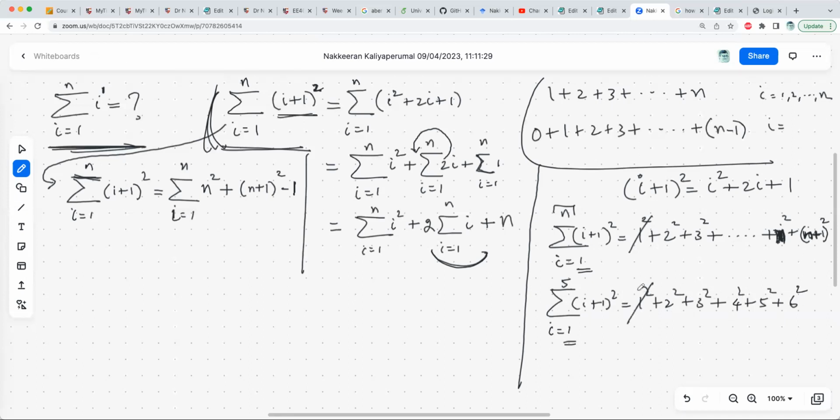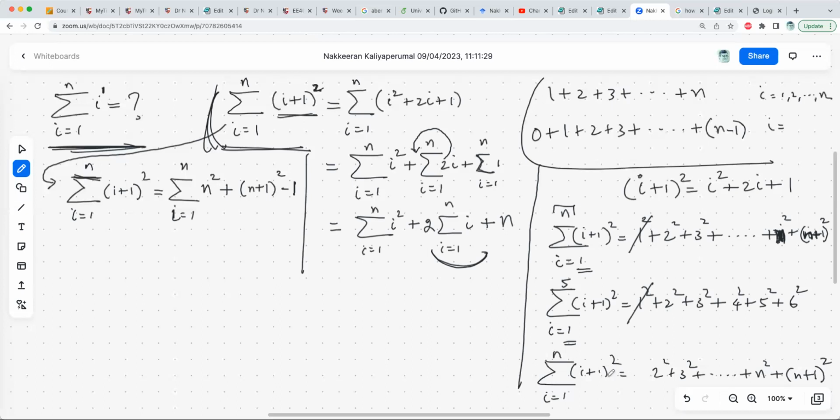Okay, so this is what I have written. Summation i running from 1 to n of (i plus 1) whole square will look like that. There will be 2 squared plus 3 squared, that will be the series, right? All the way to n squared plus an extra term, (n plus 1) whole squared will be there. Yes, uncle. So I'm going to take this and I'm going to add.